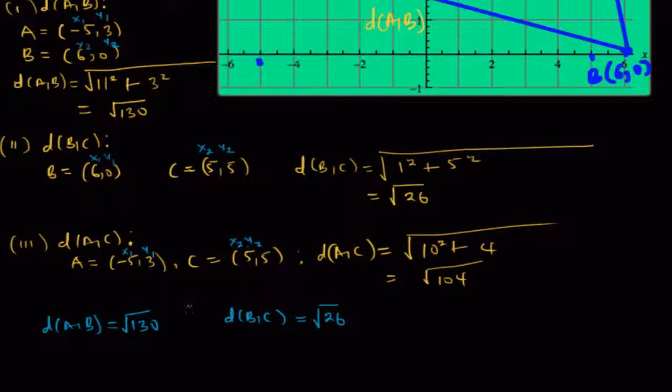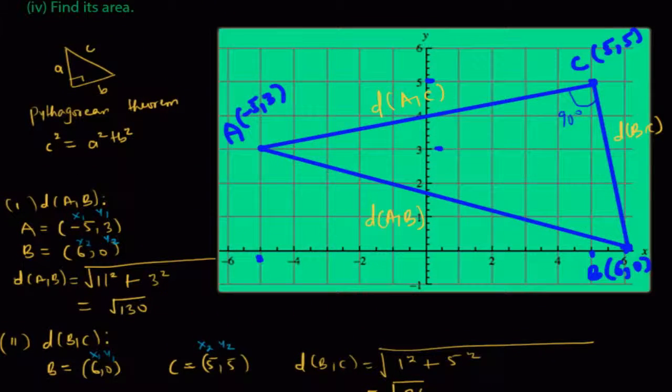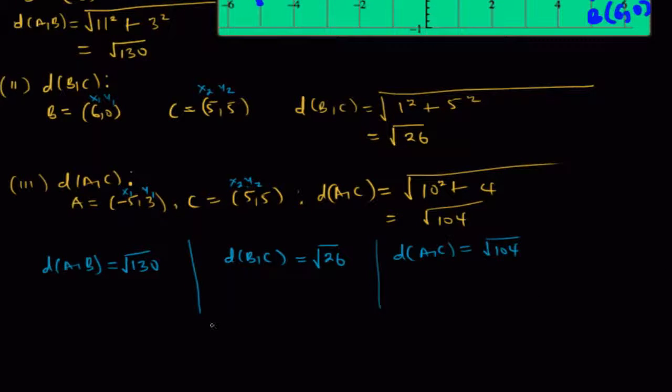And the distance between A and C, we got that to be the root of 104. So the Pythagorean theorem says take the square of each of the sides. If one of them is the sum of the other two squares, it implies that it's a right triangle. So I'm going to take the squares of each of the sides.